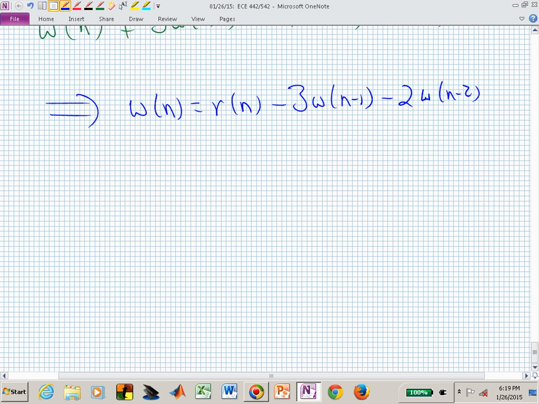Just like an all integrator block diagram might have done in a continuous time or differential setting. How many delay blocks do we need to build up this all delay block diagram for this difference equation?